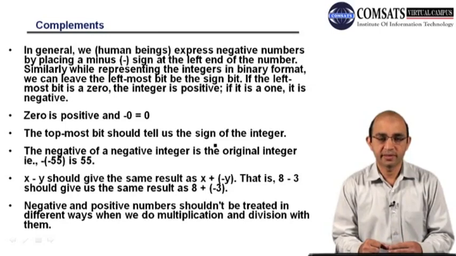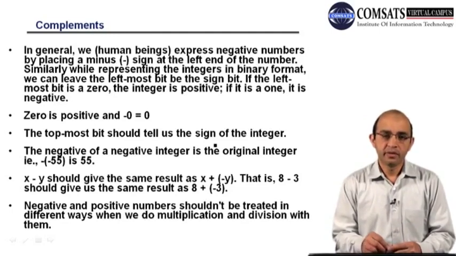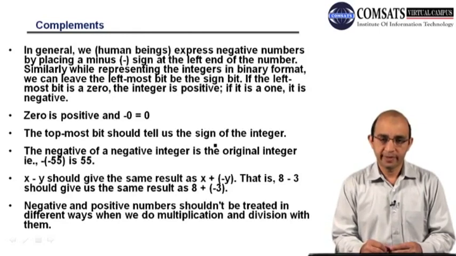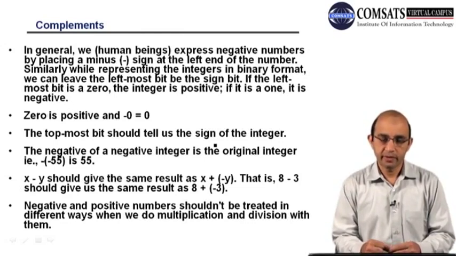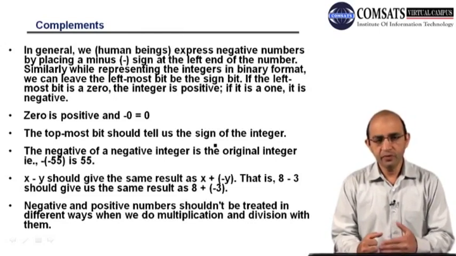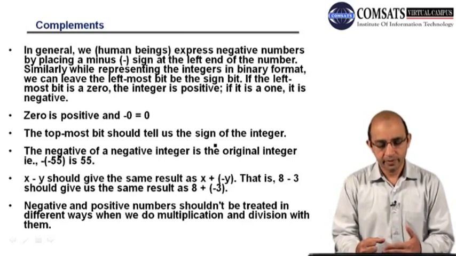But this is the problem we discussed last time: whenever we are using ones complement, we have to handle 2 zeros, a 0 with a plus and a 0 with a negative. So this is the drawback of ones complement. And we always dedicate the most significant bit for the sign. And whenever we take the negative of a negative number, it should be the original number.